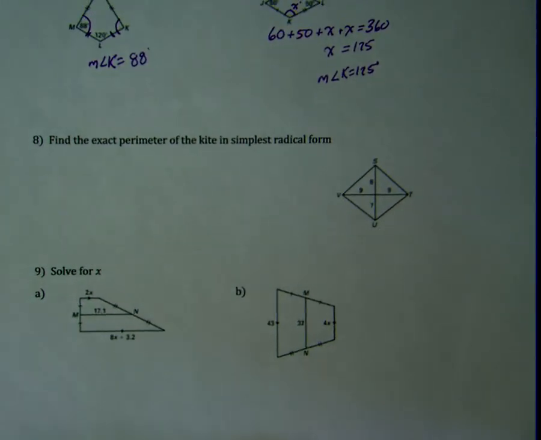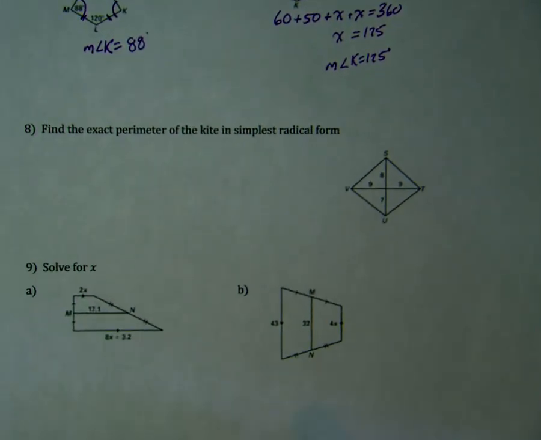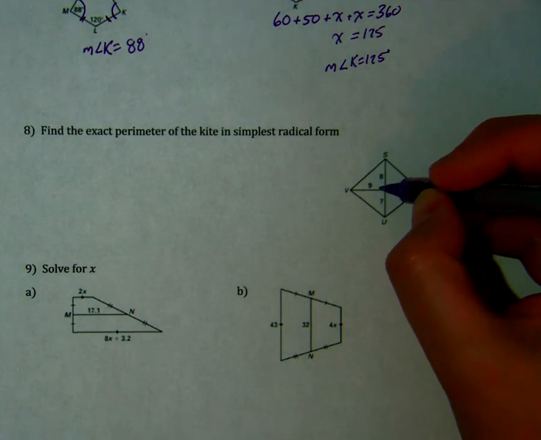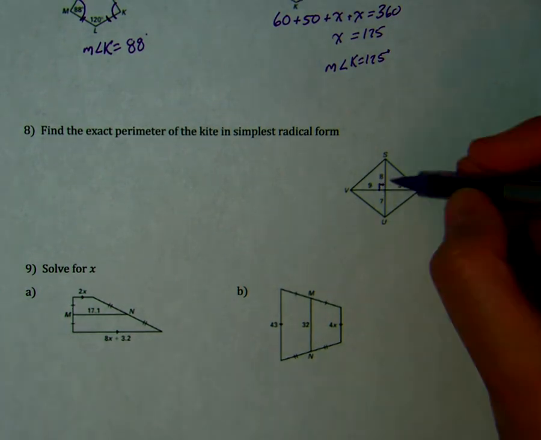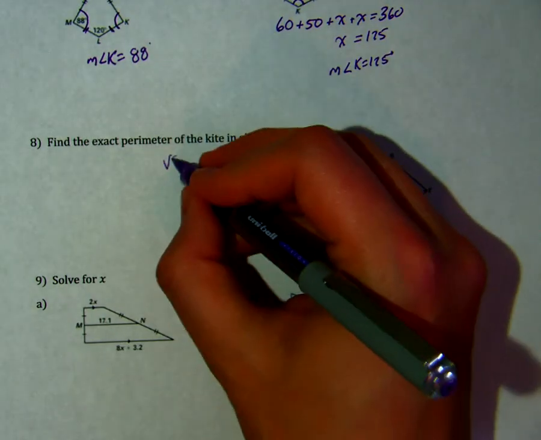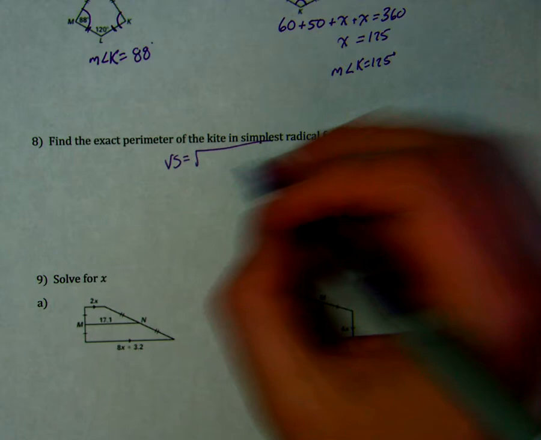Number 8, the exact perimeter in simplest radical form. Let's see. These are perpendicular, so these are all right angles. So VS is the square root of 9 squared plus 8 squared.